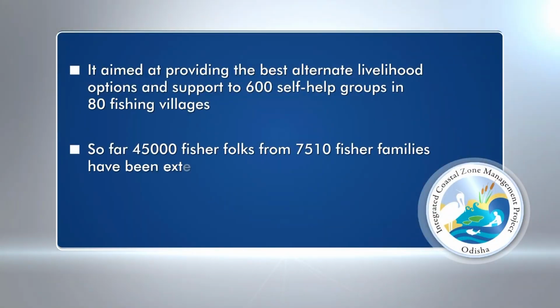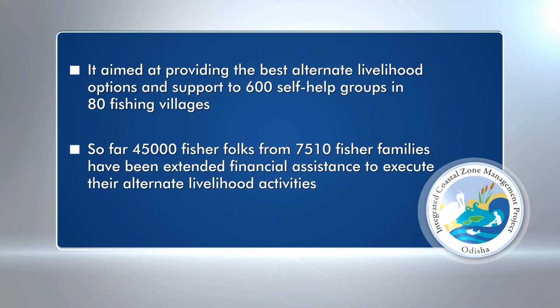It is aimed at providing the best alternate livelihood options and support to 600 self-help groups in 80 fishing villages. So far, more than 45,000 fisher folks from 7,510 families have been extended financial assistance to execute their alternate livelihood activities.